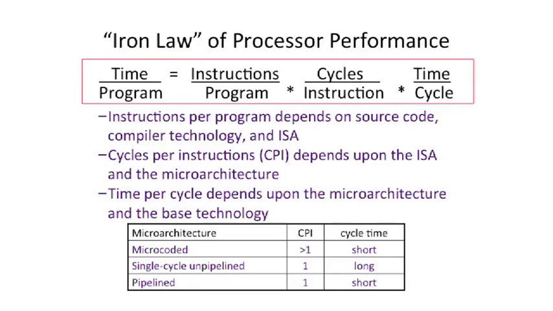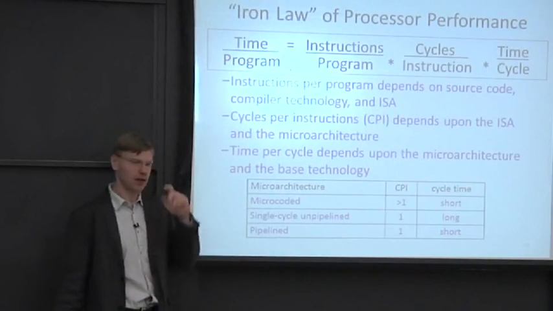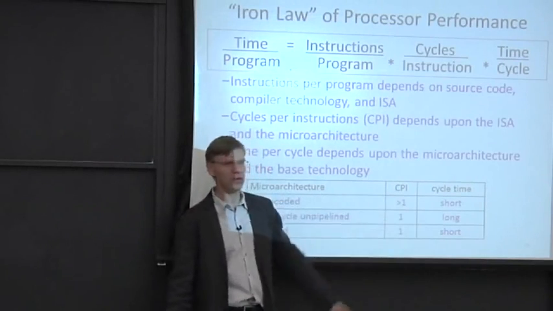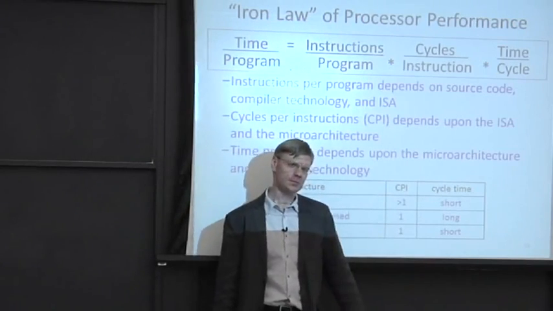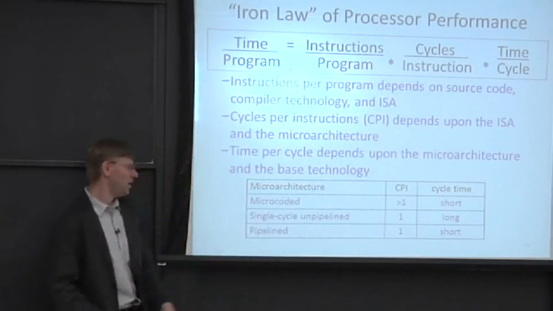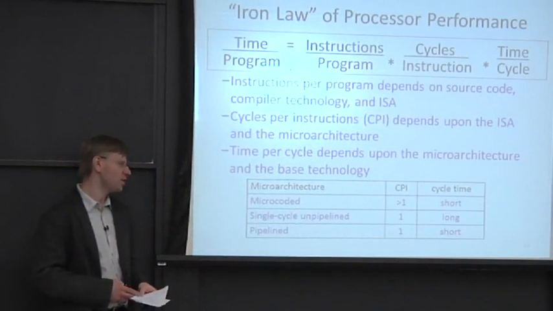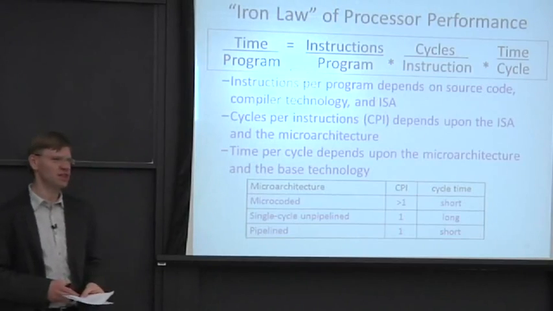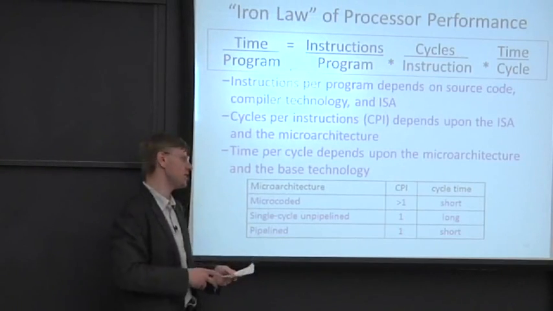OK, let's look at the microarchitecture here. So we had our microcoded architecture. And this took multiple clocks per instruction, but the cycle time was relatively short. We had our single cycle unpipelined processor. So everything just has to flow to the end, but there are no pipeline stages in it.